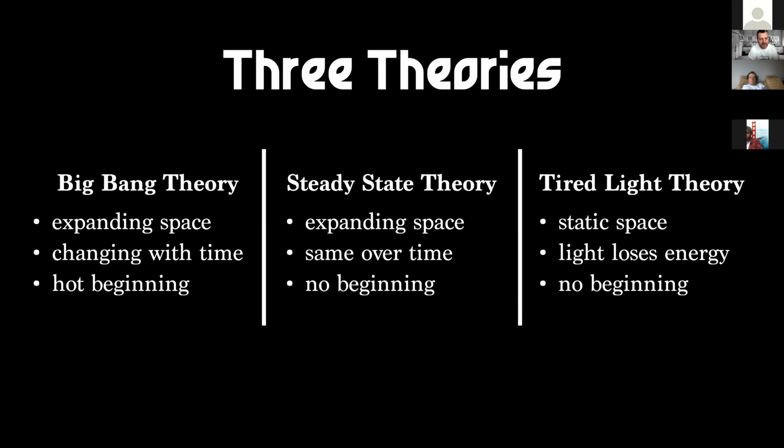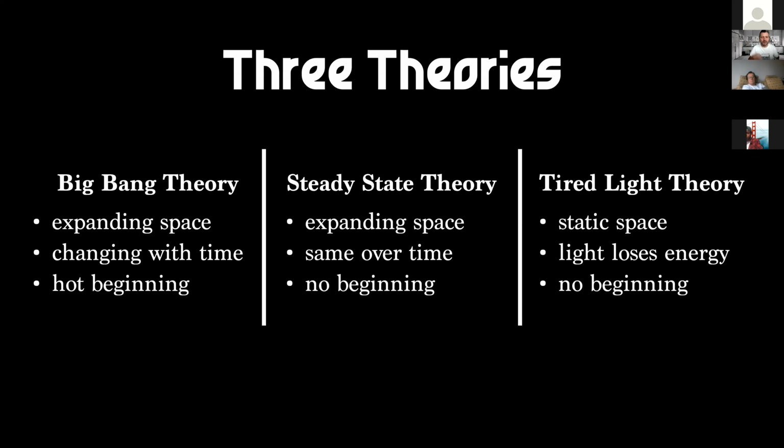But in this picture, you say, well, I'm going to get rid of the beginning in the Big Bang. I'm going to have light lose energy. And because light from further galaxies travels through more space, it loses more energy. So more distant galaxies appear more redshifted than nearby galaxies. So an important point here is that these three theories explain Hubble's observation equally well.